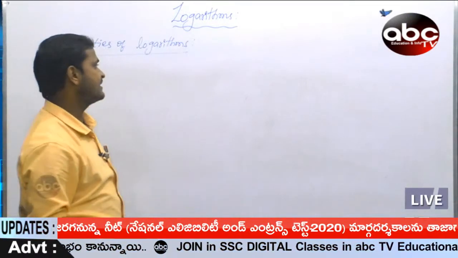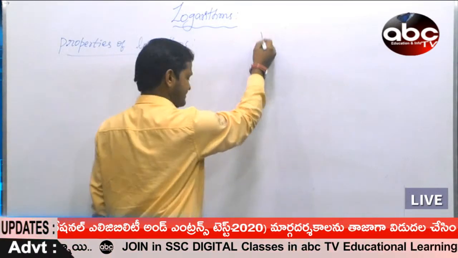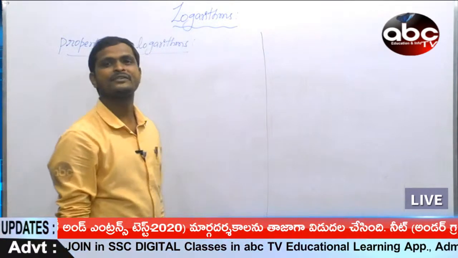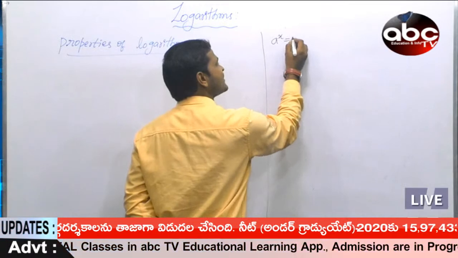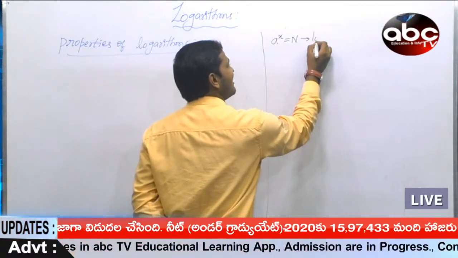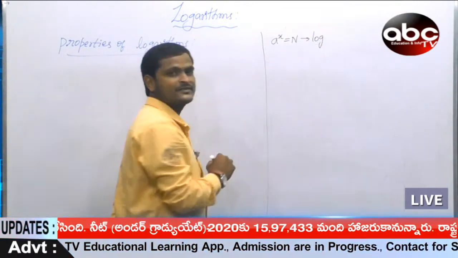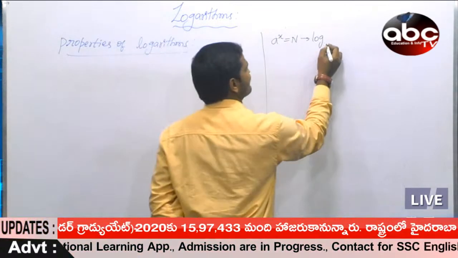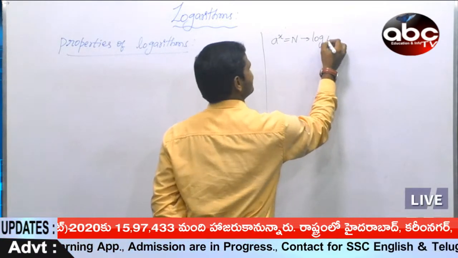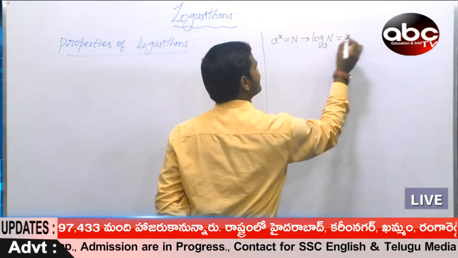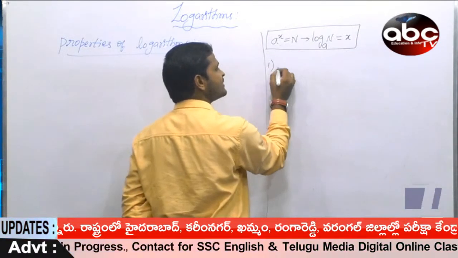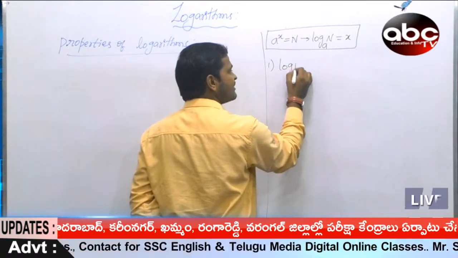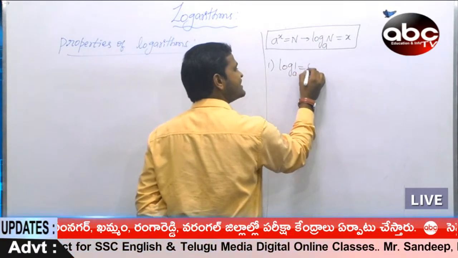First you can write here the general form of logarithm, where a power x is equal to n, then log. Then first one, log 1 base a is equal to 0.